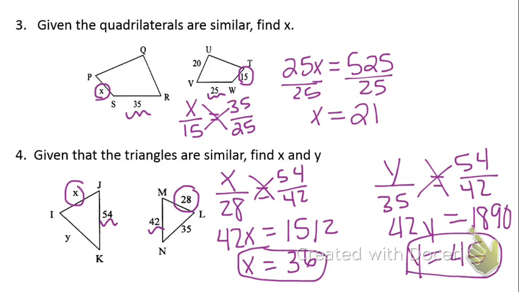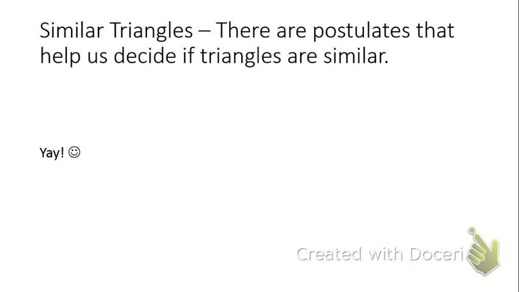Okay, so just like in Math 2, you talked about triangle congruence, and there were things like side, side, side, side, angle, side, and things that helped you prove that they were congruent. So the same thing happens in Math 3 when we're talking about similarity. There are postulates that help us decide if triangles are similar.